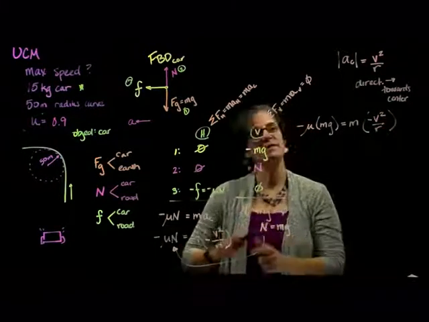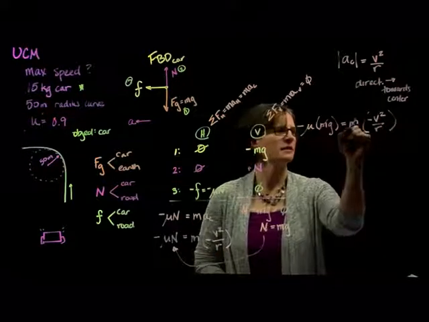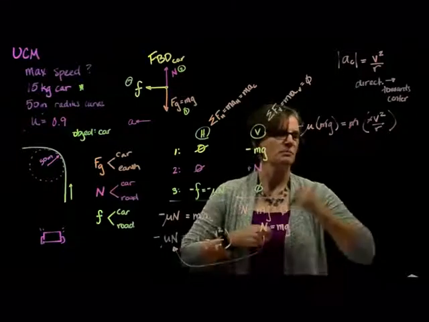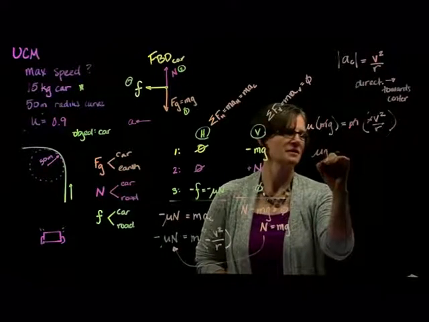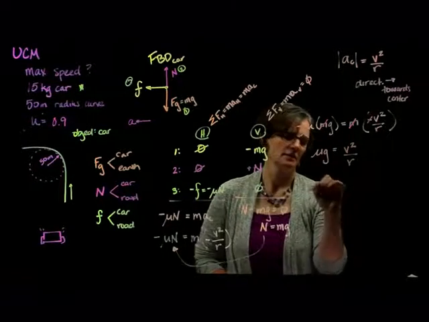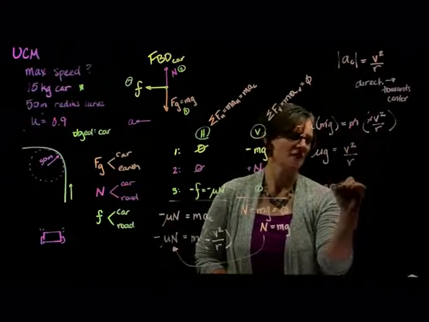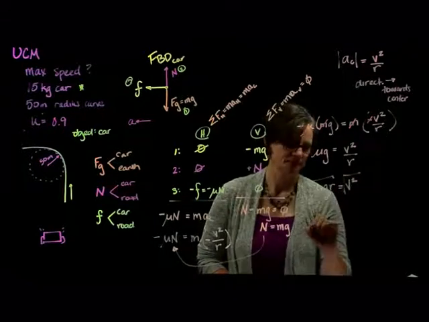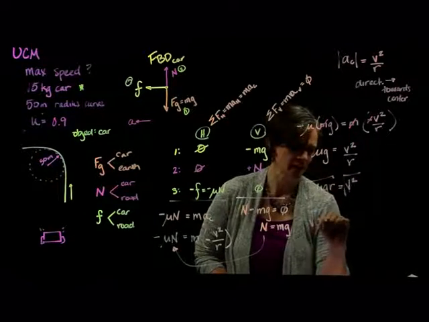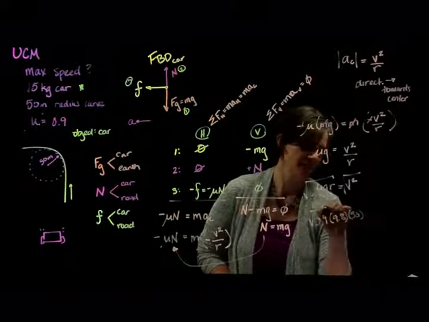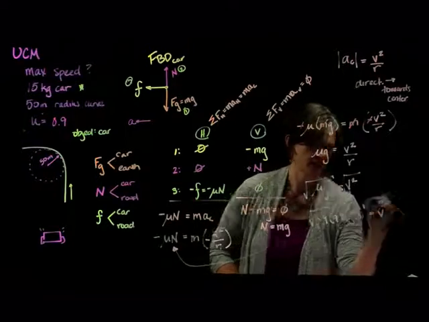Doing a little bit of algebra, my masses cancel out, my negatives cancel out. I end up with mu times g is equal to v squared over r. Mu times g times r is equal to v squared. Take the square root of that, and I get 0.9 times 9.8 times 50 equals my speed.